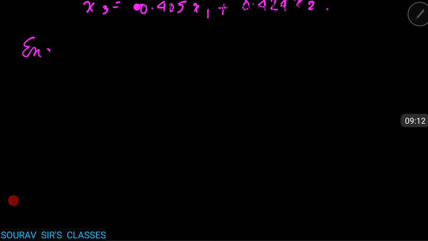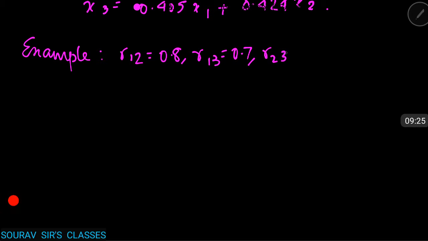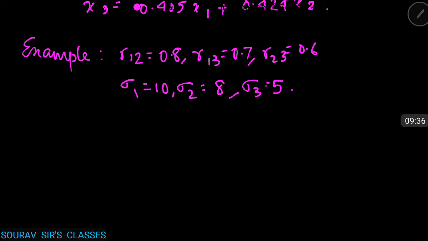The next example. Given the following data: r12 is equal to 0.8, r13 is equal to 0.7, r23 is equal to 0.6, sigma 1 is equal to 10, sigma 2 is equal to 8, and sigma 3 is equal to 5. Determine the regression equation of x1 on x2 and x3.